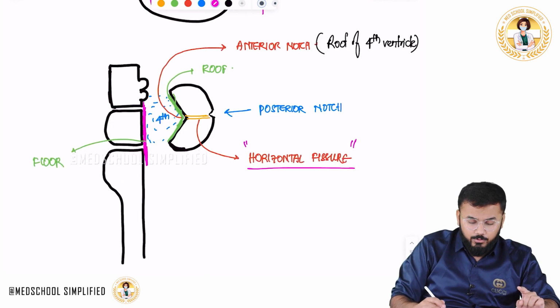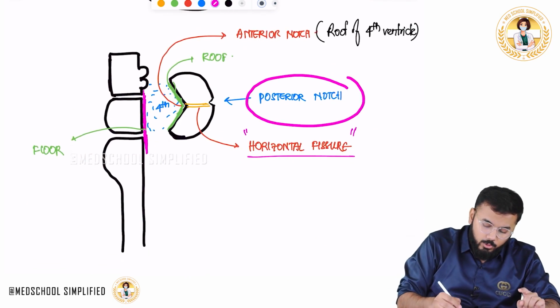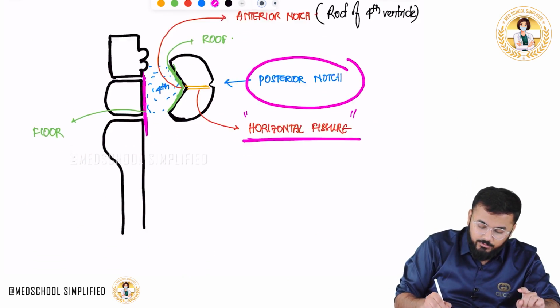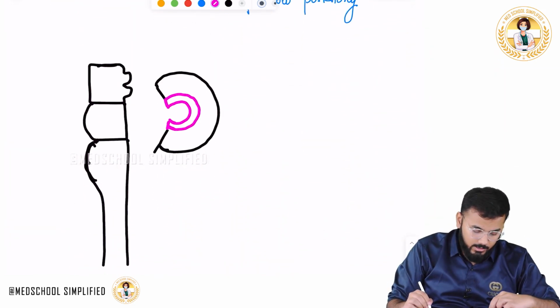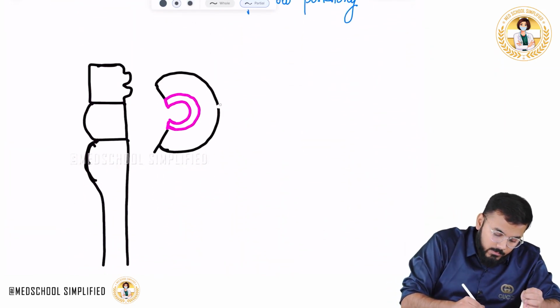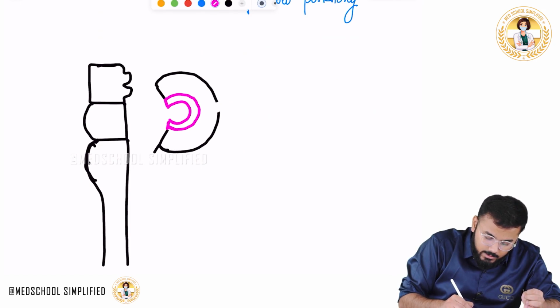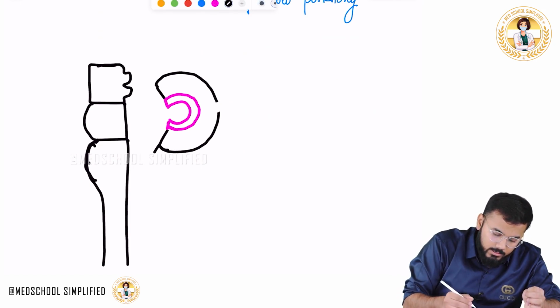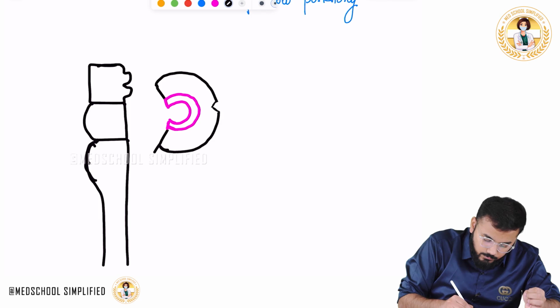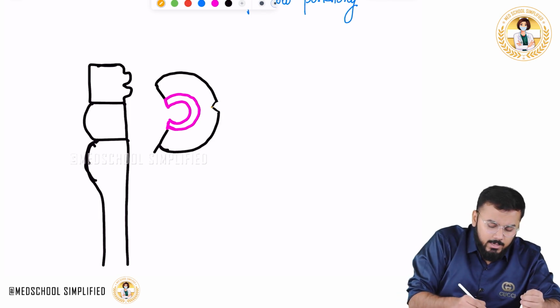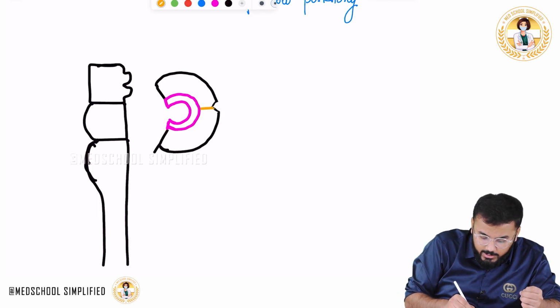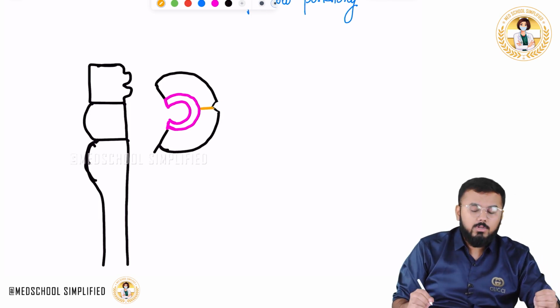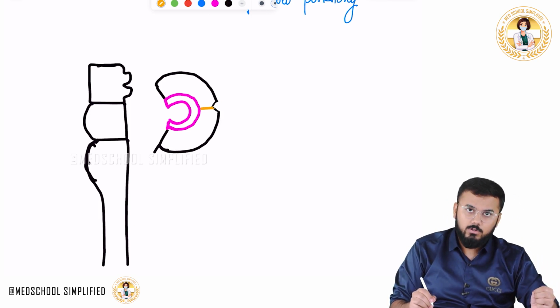And what did I tell you? If you remember, I told you that there is a notch and there is a fissure called the horizontal fissure. So let me put those things over here. Exactly here you have a notch like this, and you even have a fissure like this. This fissure is called the horizontal fissure.